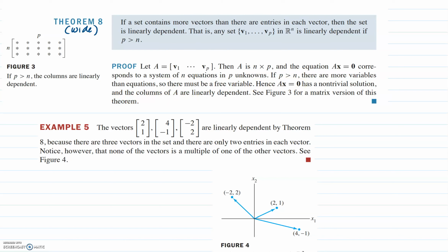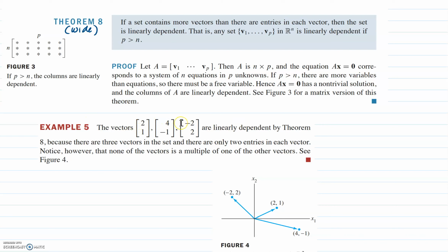To see an example of this, let's look at example 5. The vectors (2, 1), (4, -1), and (-2, 2), all in R2, are linearly dependent by Theorem 8. Again, they're in R2, and there are 3 vectors, so the number of vectors, 3, is larger than 2.